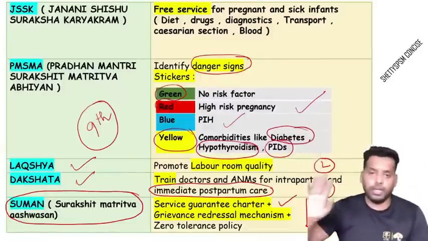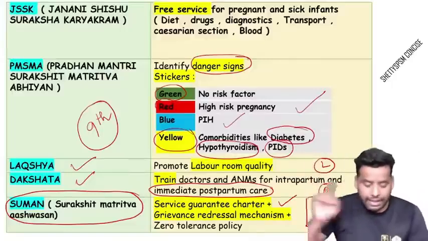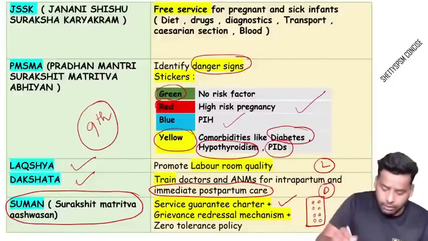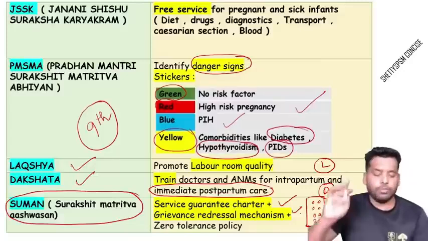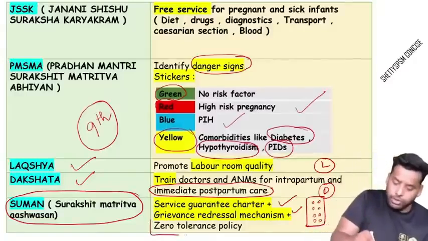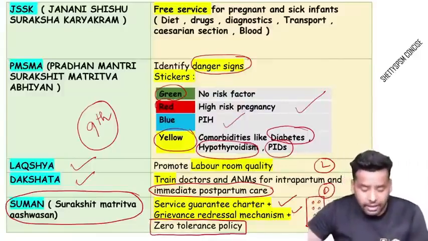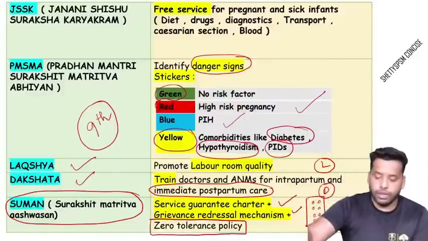It is already displayed there. These are the services I should get. Second thing, if the service is not given, you can raise the complaint. There is grievance redressal mechanism also. By doing these 2 things, we follow zero tolerance policy. It means Ashvasan, guarantee, the service has to be given.